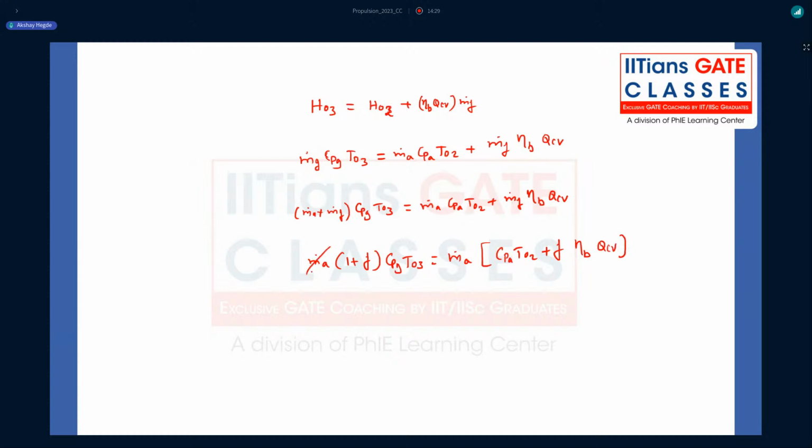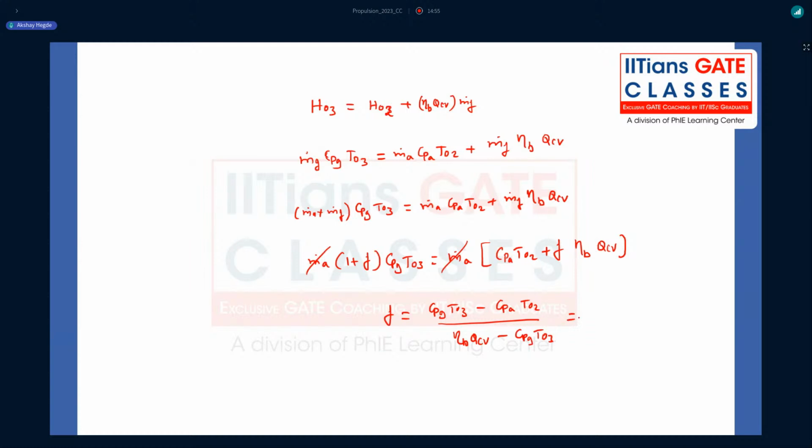From both sides I can take out the mass flow rate of air. Now if I express this in terms of the fuel to air ratio, F, it comes out to be CPG times T03 minus Cp air times T02, whole divided by combustion efficiency times the heating value minus CPG times T03.